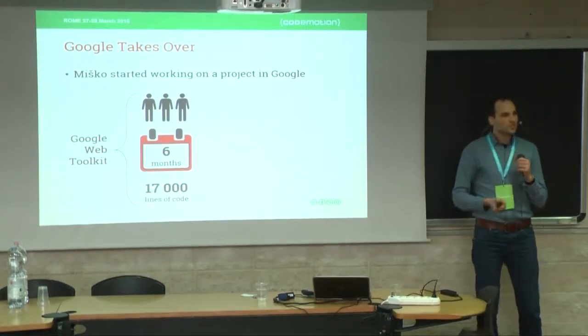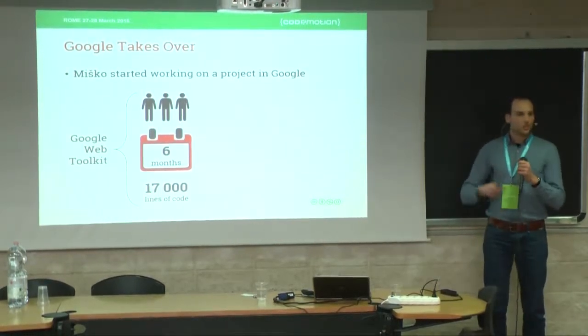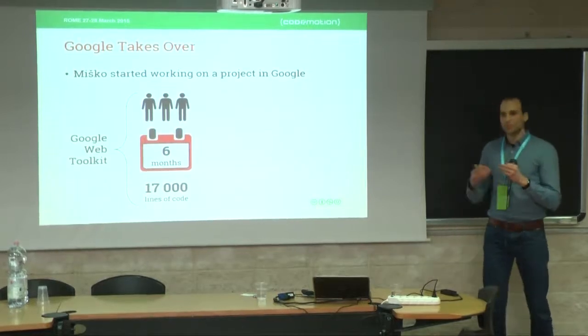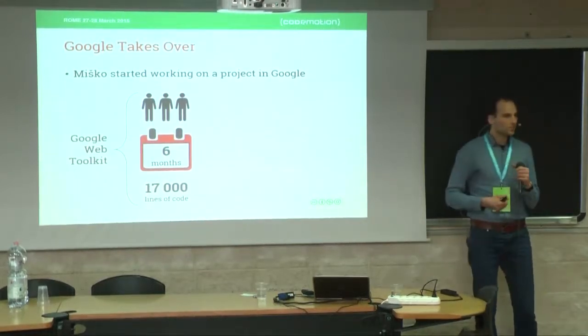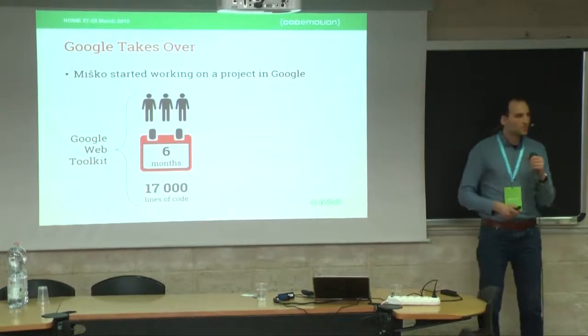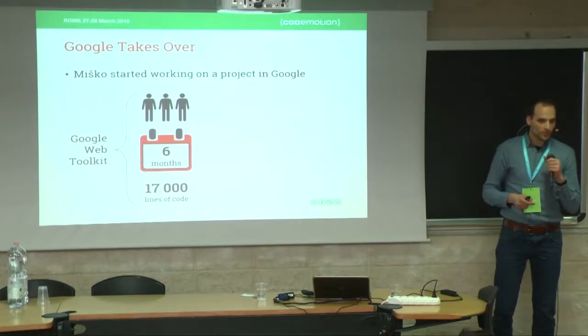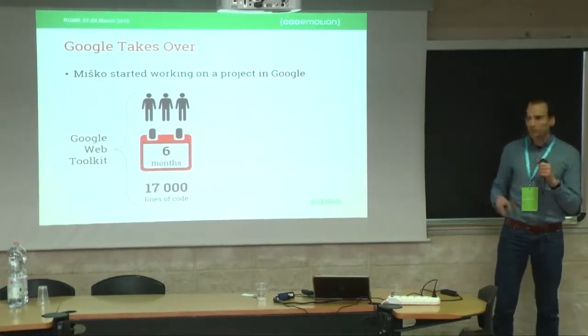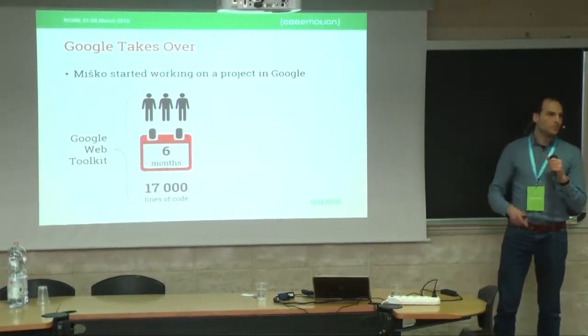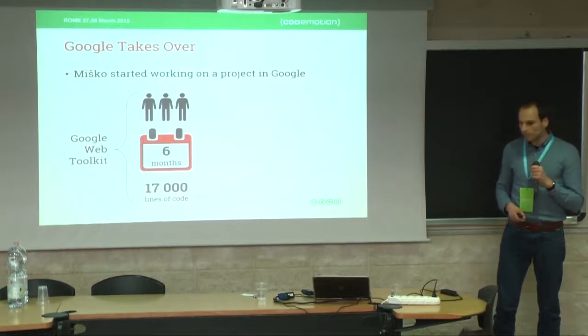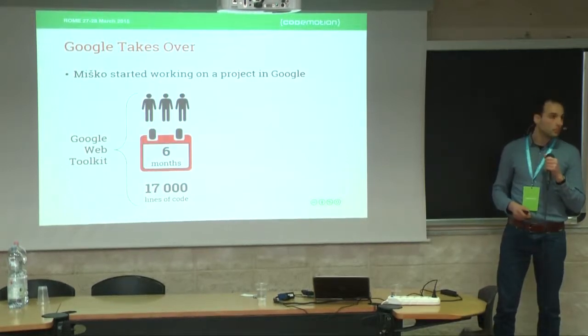Then Mishko got really irritated about the quality of the code because it got really complex, really hard to maintain and edit afterwards. So he said to his manager, hey, boss, listen, I have this cool project that I'm doing in my free time, and I bet with you that I can rewrite this code in only 2 weeks with my project. Unfortunately, he couldn't do this.